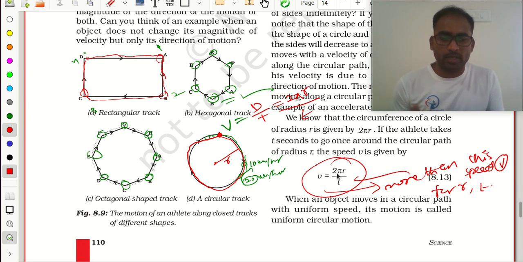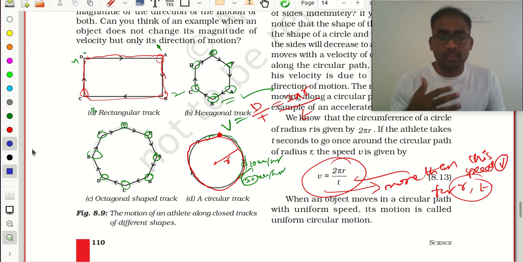I will take some example radius of a circular track, some 10 meters or 50 meters or 100 meters, and I will give the time in minutes in which you cross the track. Based on that I will calculate, and I will get some speed. But if I run more than that speed on a particular track, then what happens? You need to think yourself.